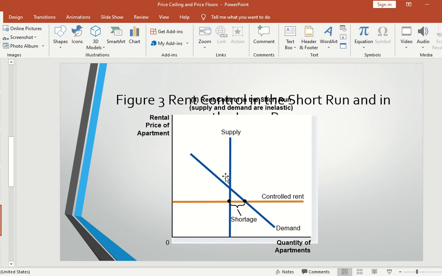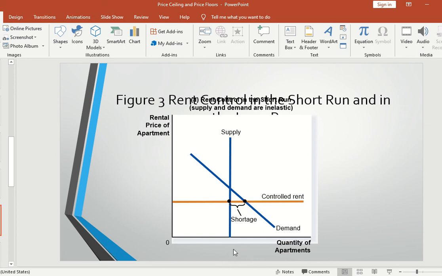You can see that the supply here is pretty vertical. As we have learned previously, this is inelastic supply, or in this extreme case, a perfectly inelastic supply curve. So regardless of the change in the rent, landlords are not able to change the number of apartments they rent out.